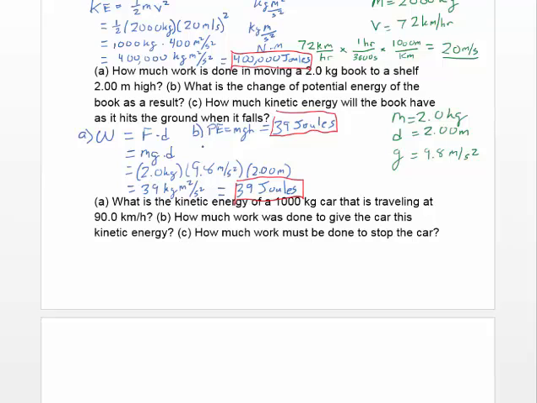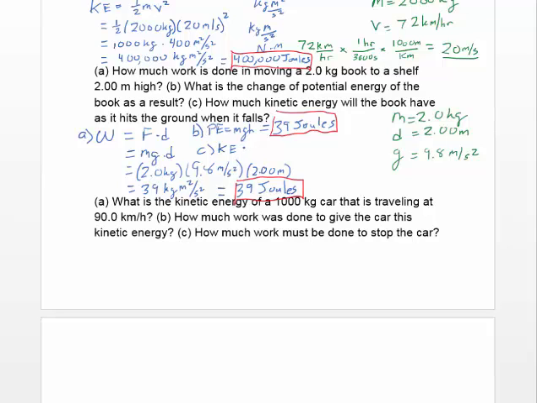For the last one, part C here, how much kinetic energy will the book have as it hits the ground when it falls? Well, again, kinetic energy equals what? 1/2 mv squared. We just did that in the previous problem, but we don't know the velocity. We don't know any of that yet, but we do know the conservation of energy.